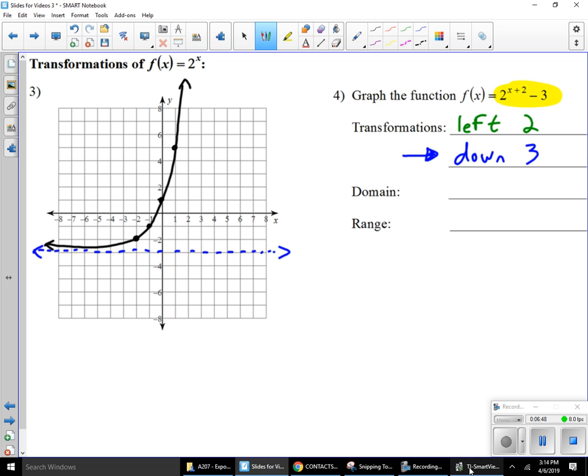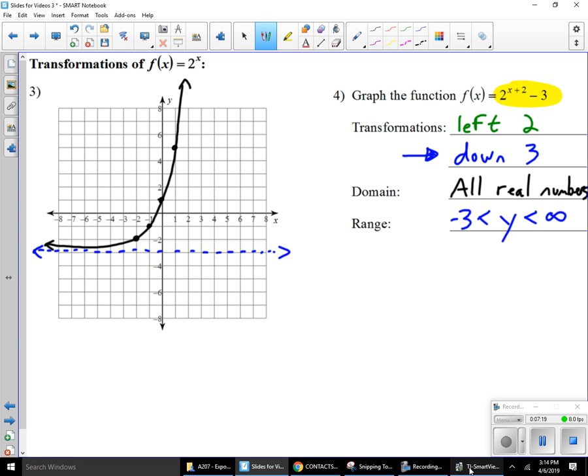So now that we have a picture, we can say that the domain, well again, that's our x value, so it's going to be all real numbers. But our range is not all real numbers. It's everything from -3, not including the -3 because that's an asymptote. Everything from -3 out to infinity.